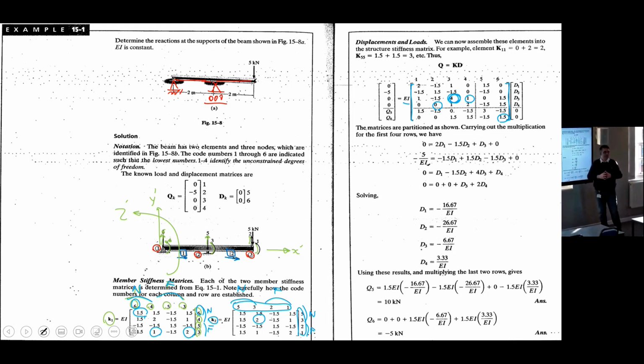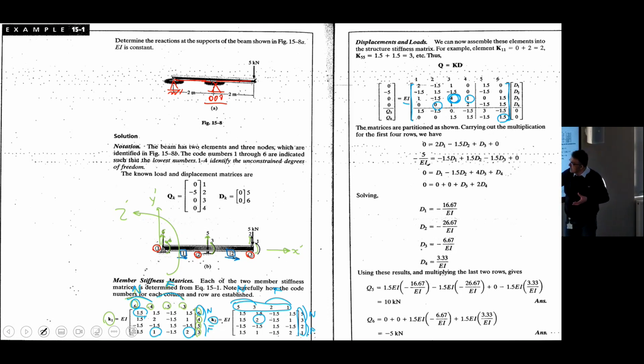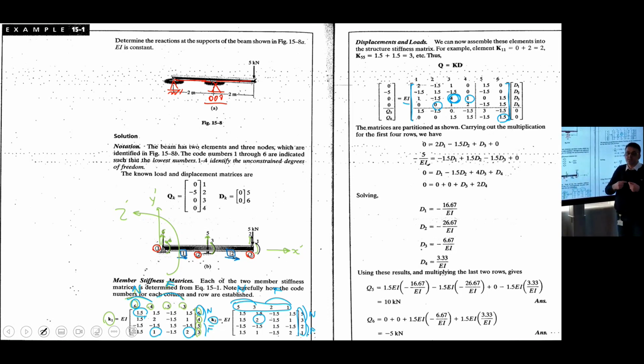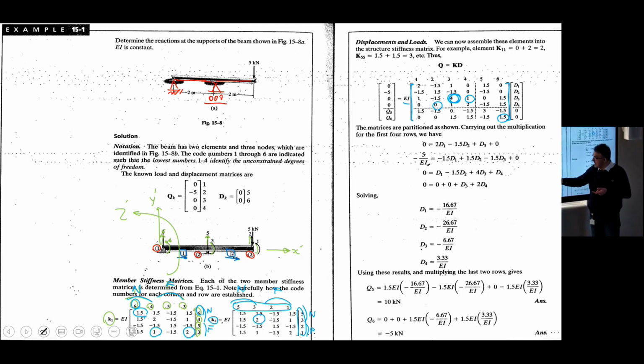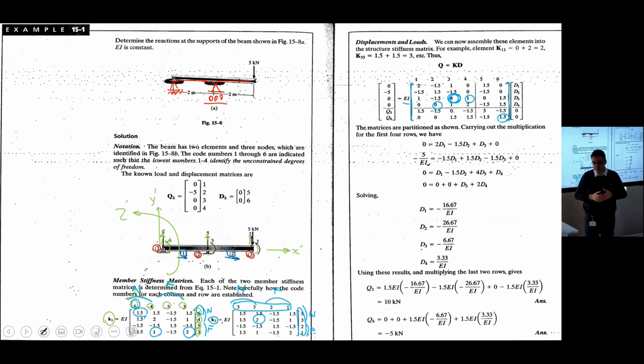If one cell receives a couple of numbers from this procedure, they come into the cell and add up together with their signs, whatever they are. It has a physical meaning. What does it mean? It means that the degree of freedom number 3 is the rotation here. It gets some stiffness from element number 1 and some other stiffness from element number 2. It's the connection between two elements. So it gets some stiffness from this element and from that element. So it has a physical meaning.